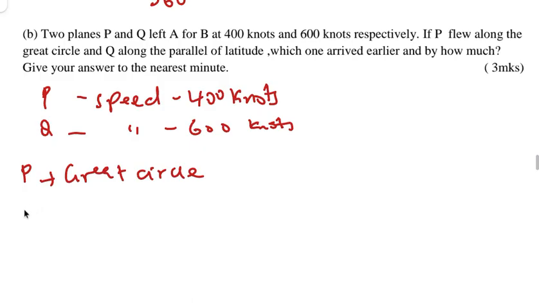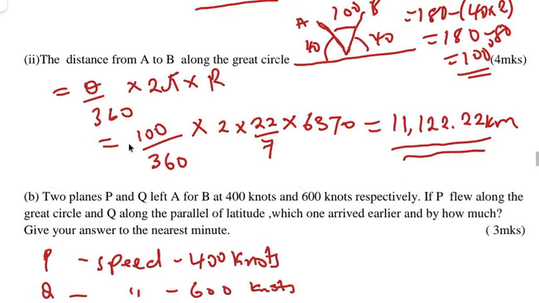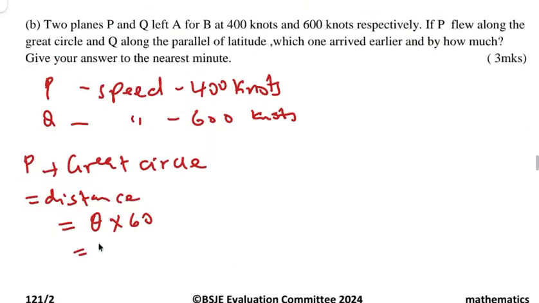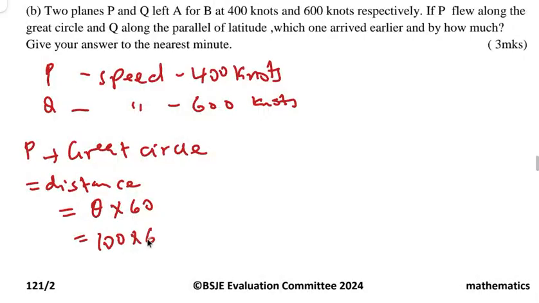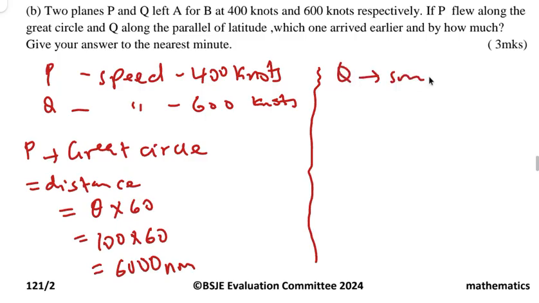First we find their distances. For P's distance in nautical miles, for a great circle, you take your theta times 60. Your theta along the great circle is 100. So 100 times 60 gives you 6000 nautical miles. Then Q used the small circle, the parallel of latitude, so find its distance.